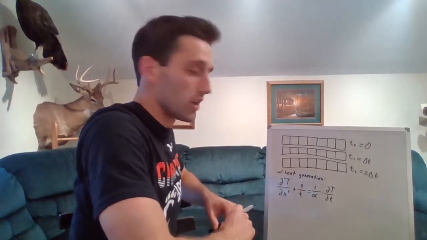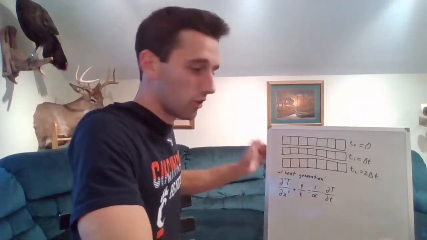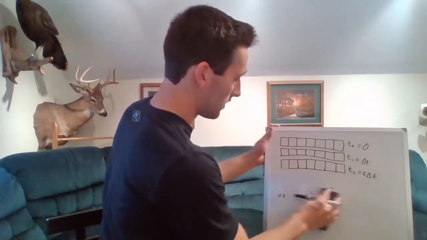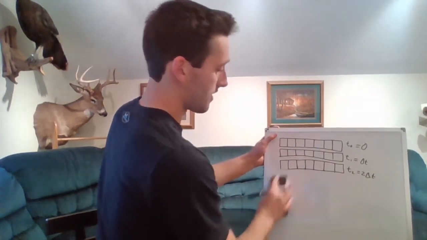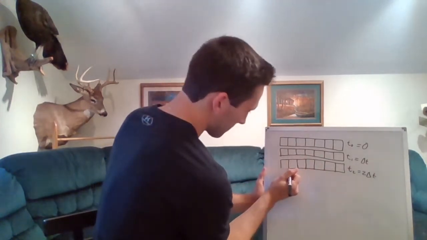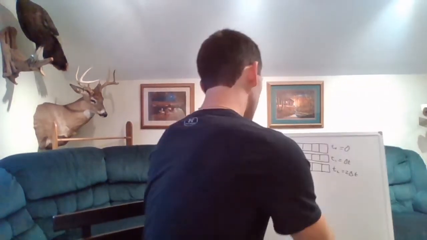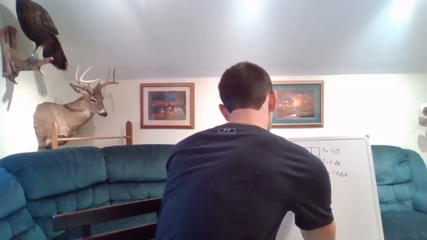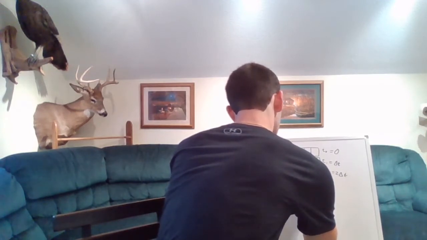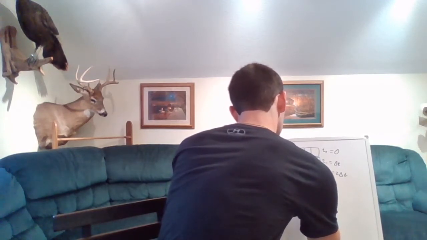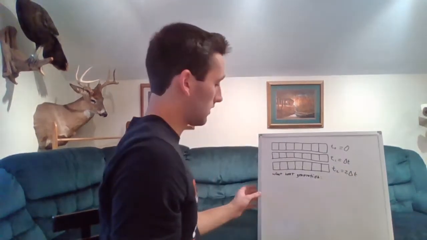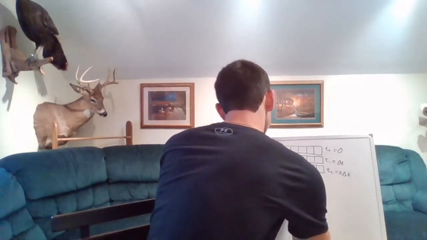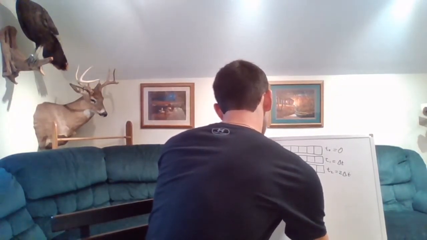Now, without heat generation, I'll go ahead and erase this because I'm going to need a decent amount of room for this. So, without heat generation, we are going to have the partial derivative of temperature in relation to time.